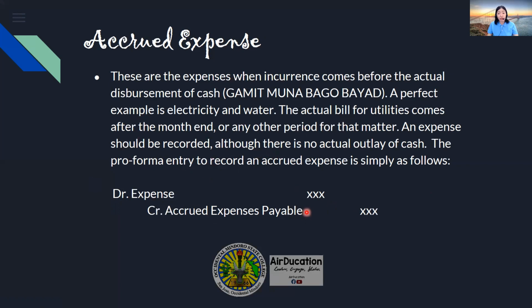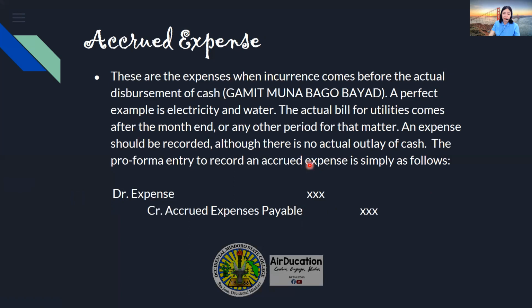Pero kapag on time, real time sa transaction siya lumabas, so hindi siya accrued expense payable. Siya dapat ay accounts payable. Pero since this has happened or all adjusting happened every end of the period, either monthly, quarterly, semi-annually, or annually, so ayun po siya. Okay?